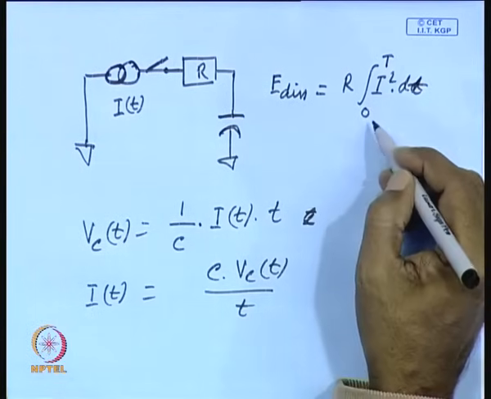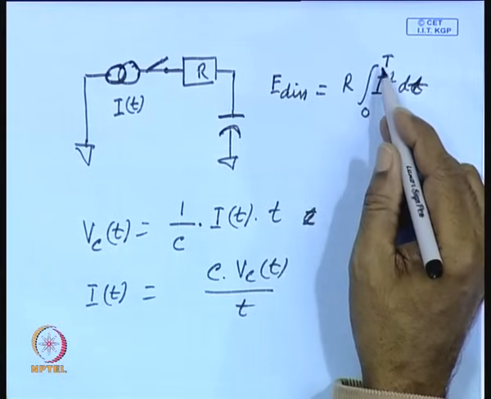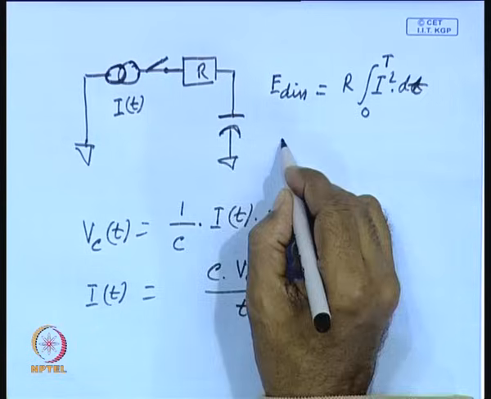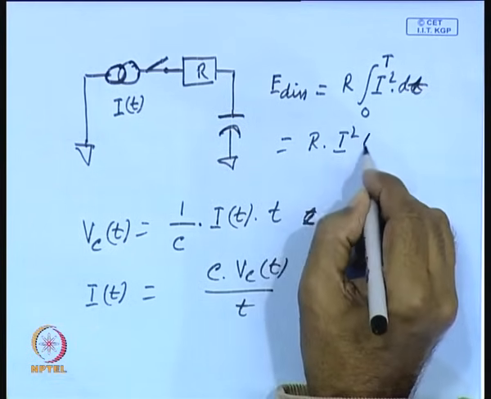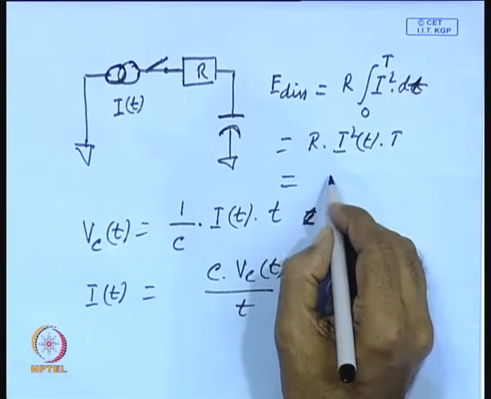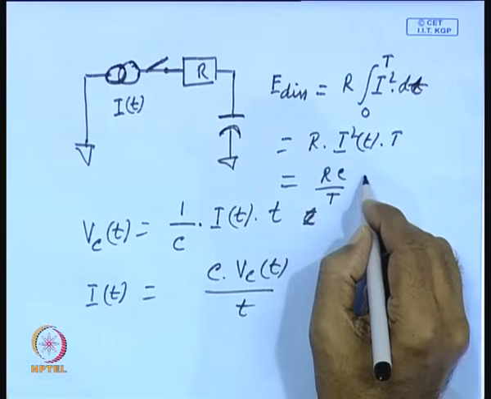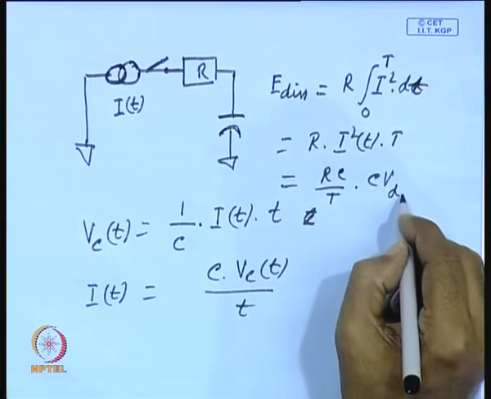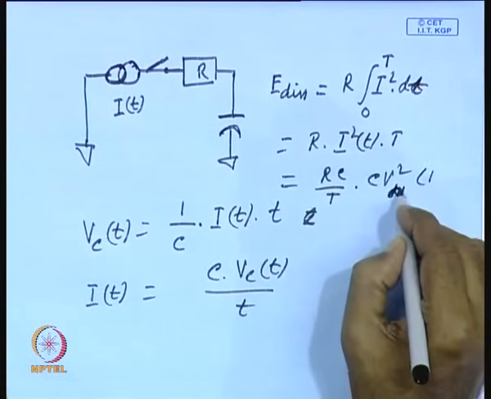So, let us assume the time taken to charge to a particular voltage level is t. If we substitute this value here, then we get R into I square into t, which is equal to RC by t into C V square.